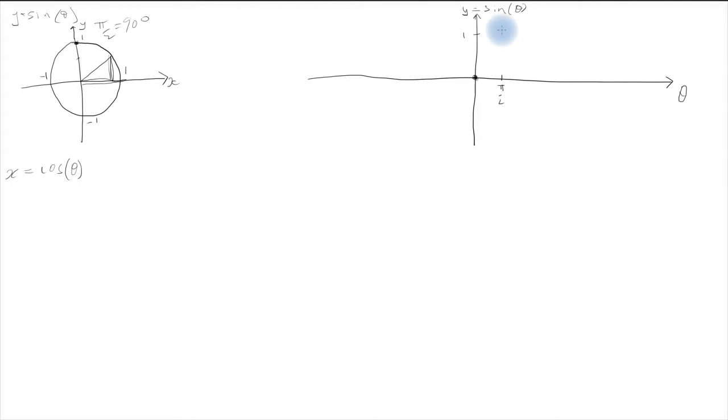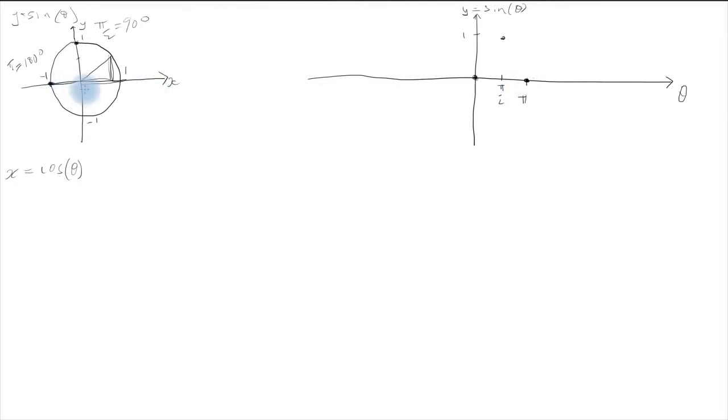Then across here we have pi radians, or 180 degrees. The y value is 0, so sine of that is 0, and there's our point.